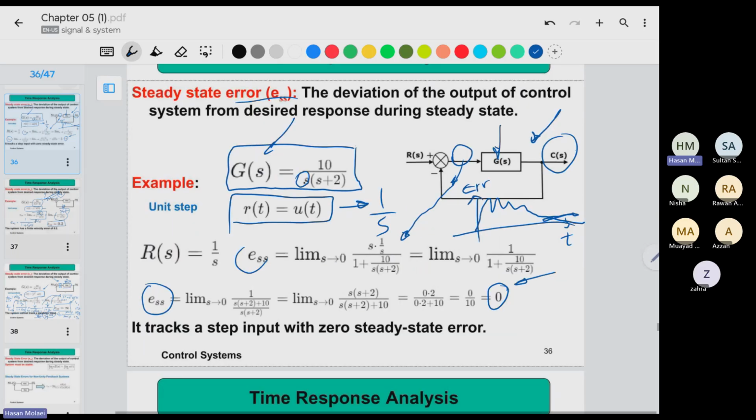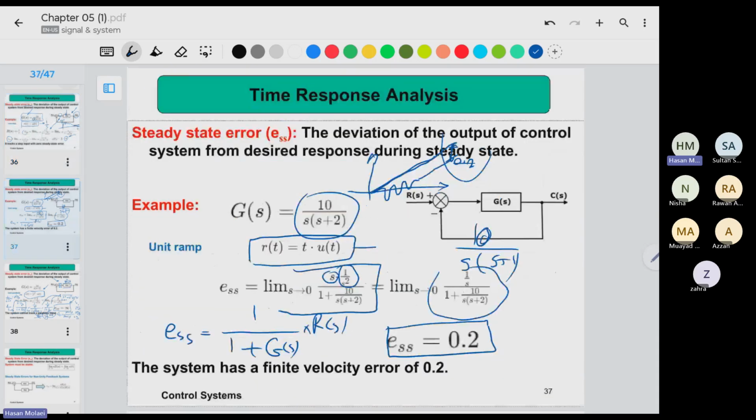And one integrator is still enough for the system to follow the ramp with limited error. But if you really want to reduce this limited error even to 0, then you need to add one more integrator, something 1 over S more.